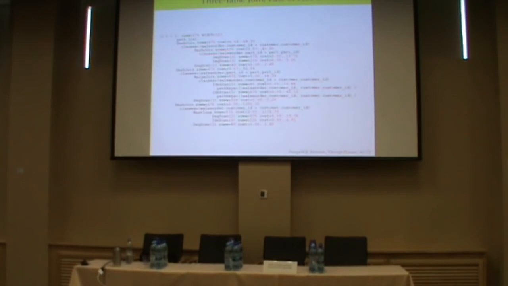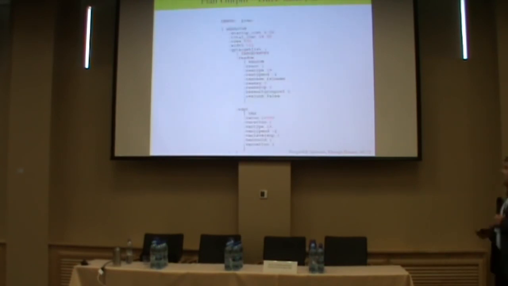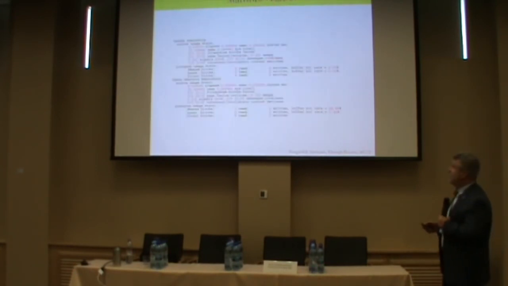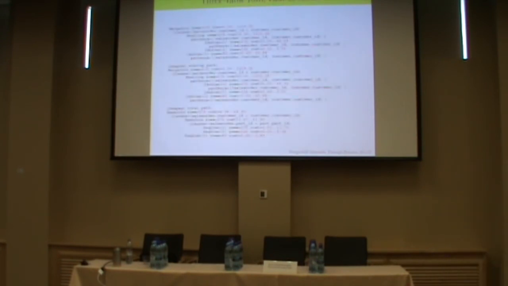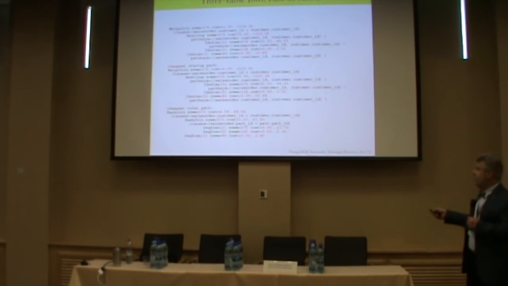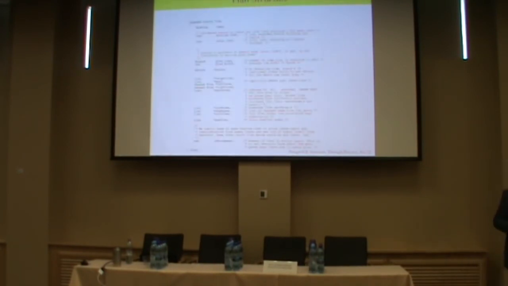So let's go through the optimizer. Once we've gone through all this optimization, we get to something called a plan. A plan is what gets sent to the executor. It's the instructions, much more detailed than a path.